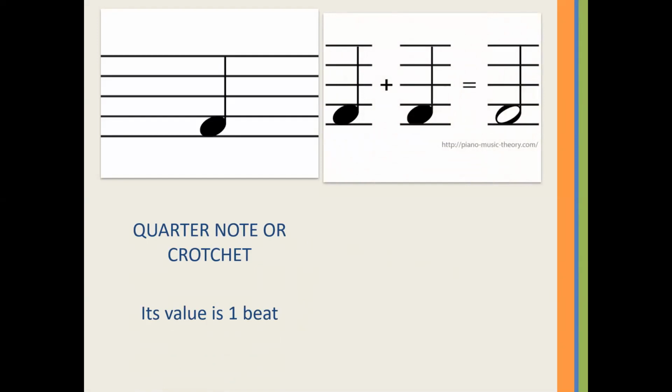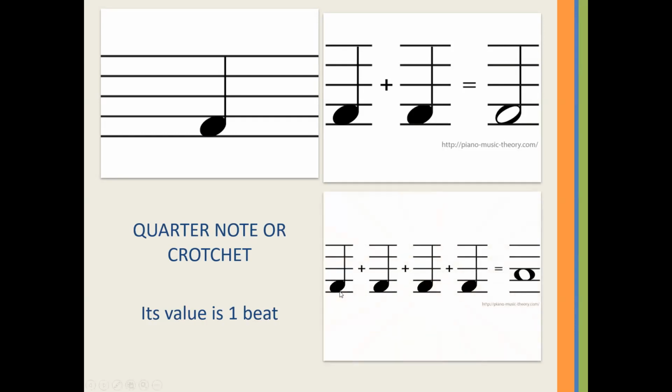Okay, and if you notice, 1 plus 1 will give 2, and the music note that has 2 beats is a minim. All right. And alternatively, when we have 4 crotchets, each having 1 beat, all of that will give us a whole note which has 4 beats.